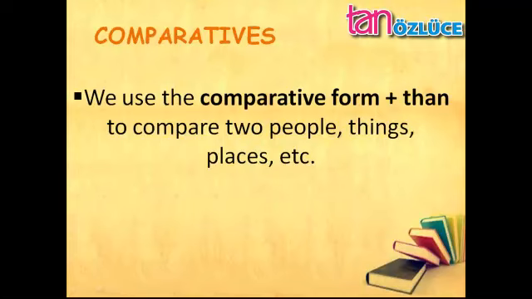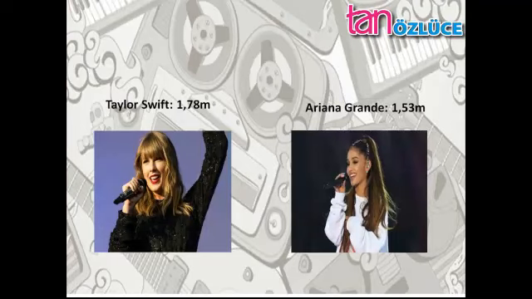We use comparative adjectives when we want to make comparisons, and we use than when we want to compare one thing with another thing. For example, here we have Taylor Swift, and we will compare Taylor Swift with Ariana Grande, and we will use than because we want to compare somebody with somebody else.